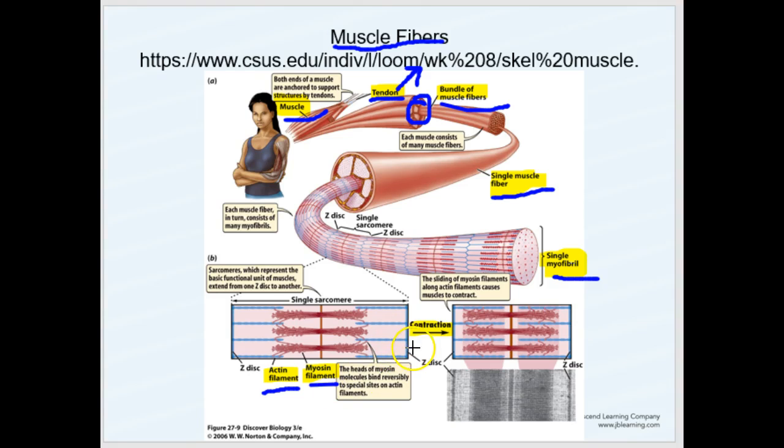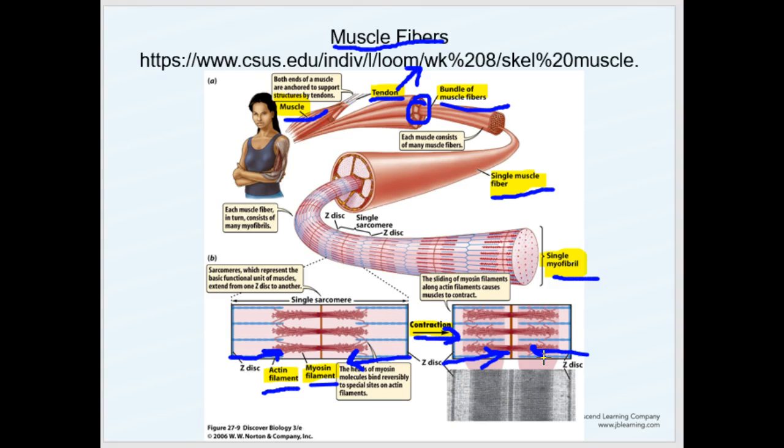So what happens with the muscular contraction is these actin and myosin fibers slide across each other. You can actually see actin will slide in from both sides of myosin. Myosin basically has little arms that grab onto the actin and pull that actin in. What that does is it shortens the entire length of a muscle fiber.